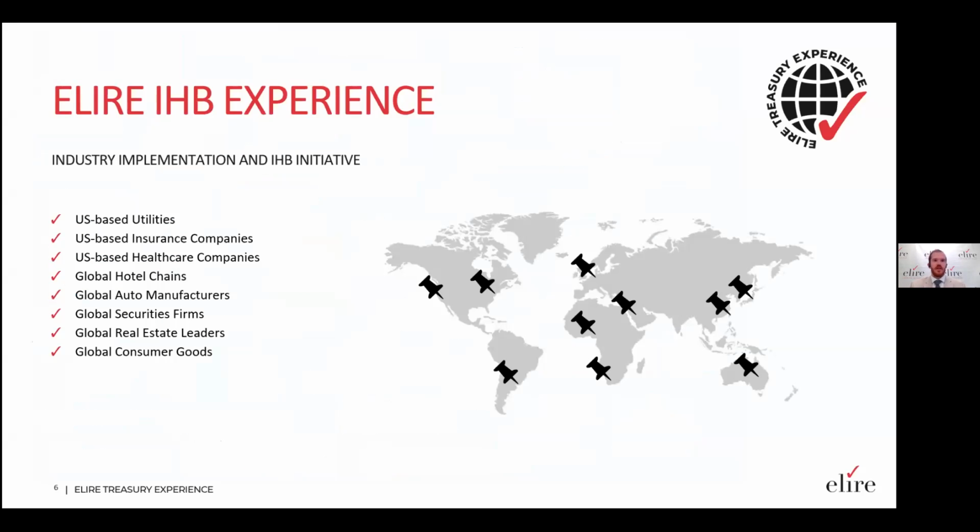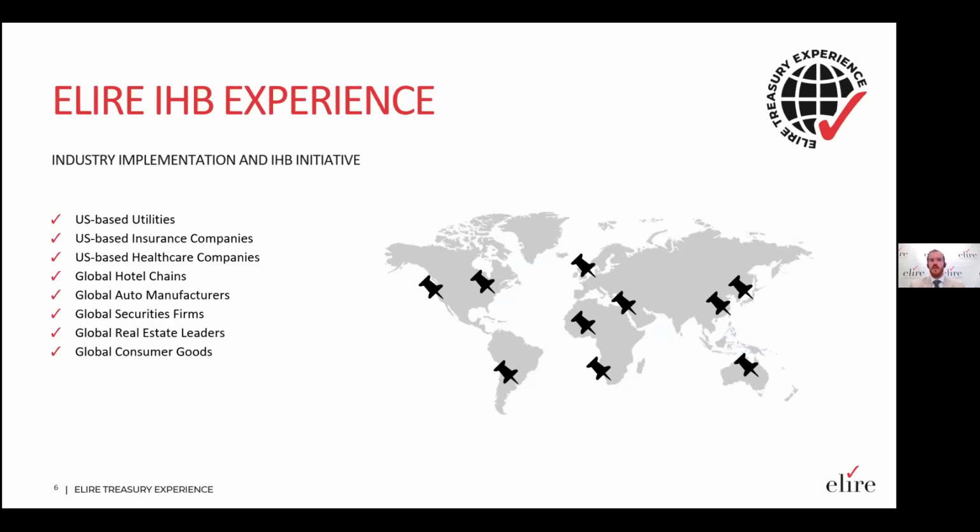In general, our IHB experience extends across industries and across the world, consisting of different players in US-based utilities markets, insurance companies, reinsurance companies, as well as healthcare companies and hospital organization structures.